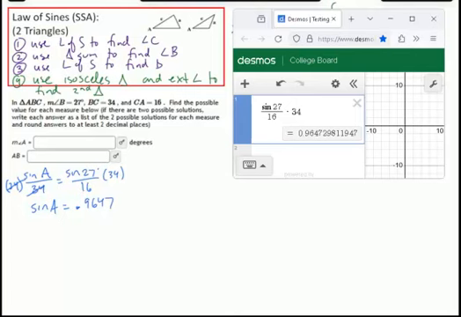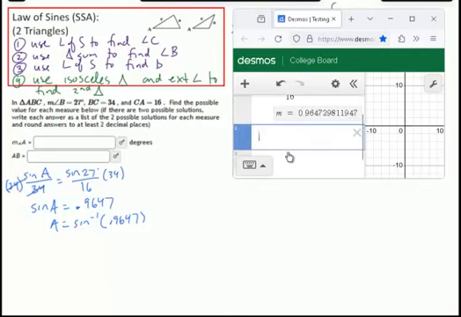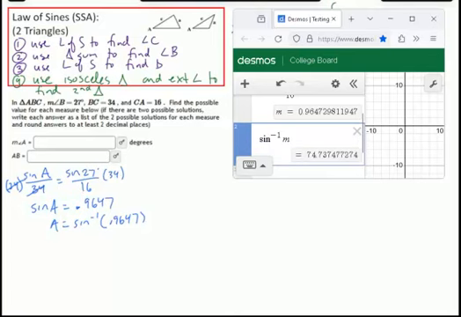But because I want to find the actual angle A, I'm going to take the inverse of this. And since I'm using a full calculation here, I'll give it some variable. It can be whatever you want. But if I take the inverse sine of M, this will give me my angle measure. So I get A to be 74.74.